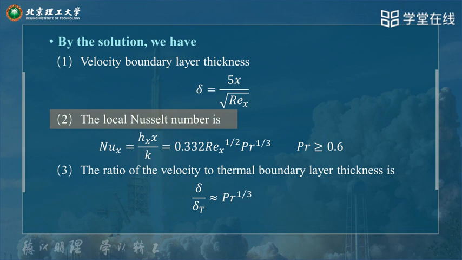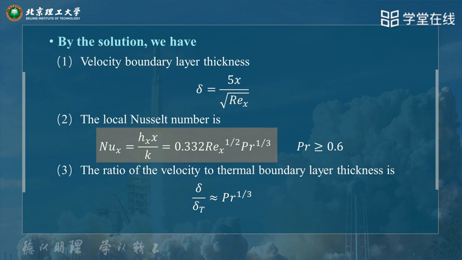The second, the local Nusselt number Nux equals hx times x over k equals 0.332 Reynolds number power half and Prandtl number power 1 over 3. This equation is very famous.